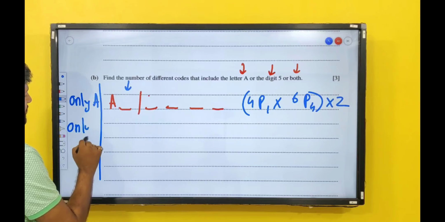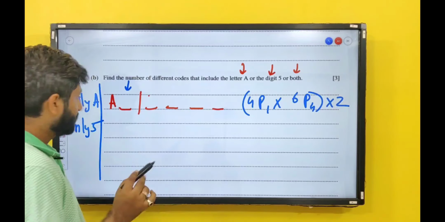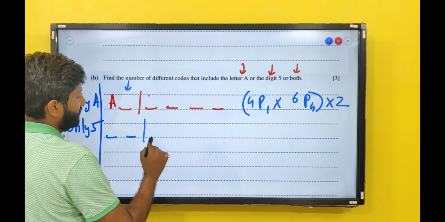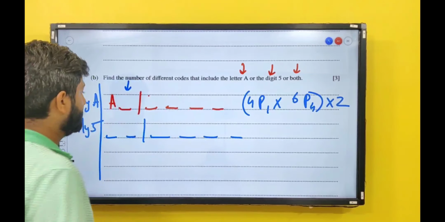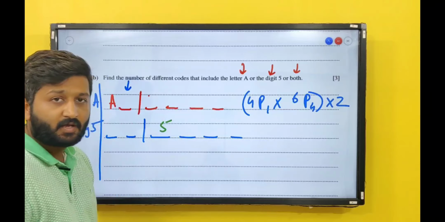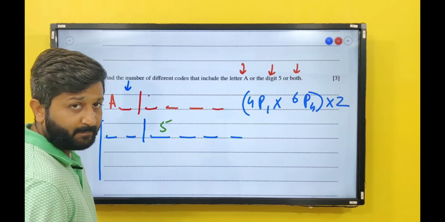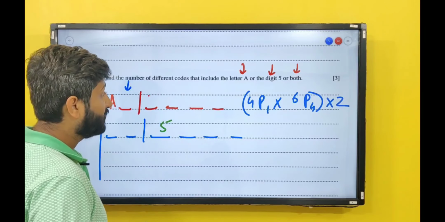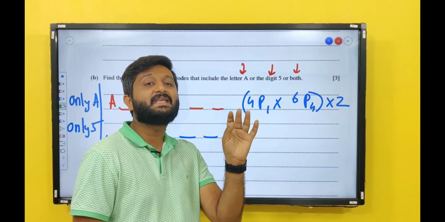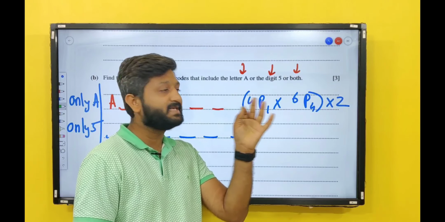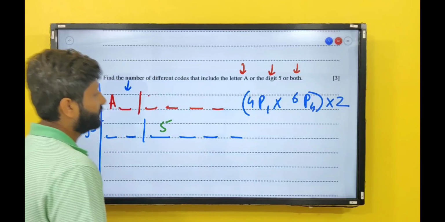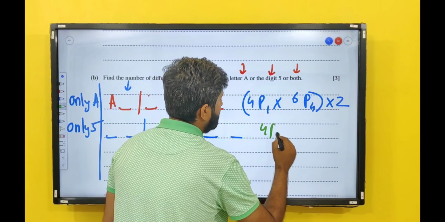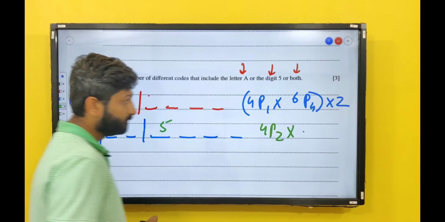Next is, let's say I am taking only 5. So I have 2 letter positions and 4 digit positions. Let's say this is my 5. So I am not going to take A. How many letters do I have available now? From A, B, C, D, E, I have only B, C, D, E. 4 letters are available and there are 2 spaces for that. So 4p2 into.